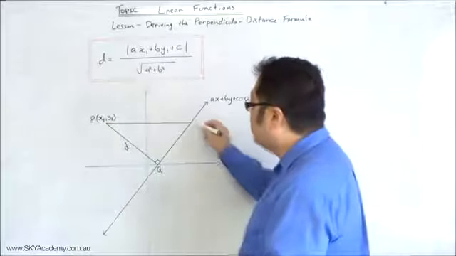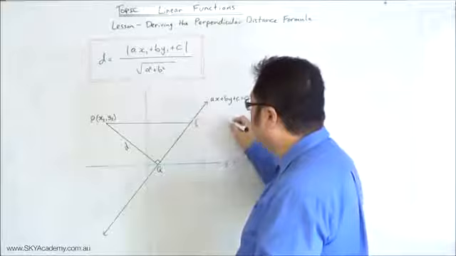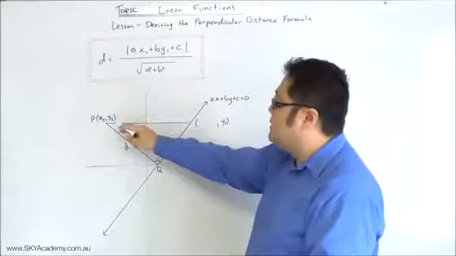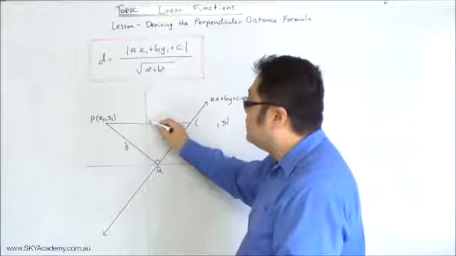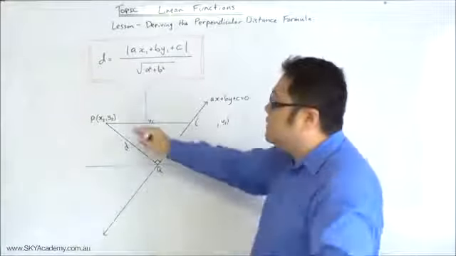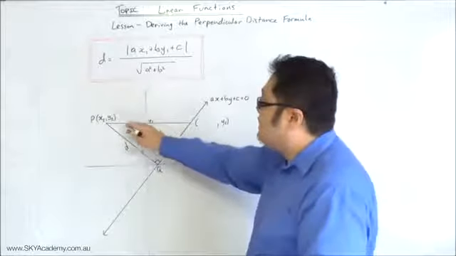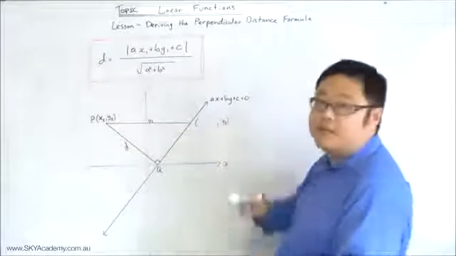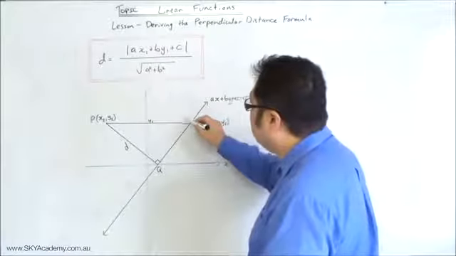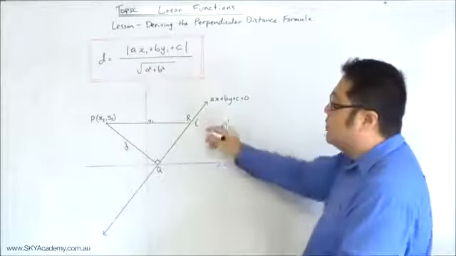It's at the same height, because this is y1, alright? But let's work out the x-coordinate. The x-coordinate is found by simply substituting y1 into this equation, yes? And let's call this point R.